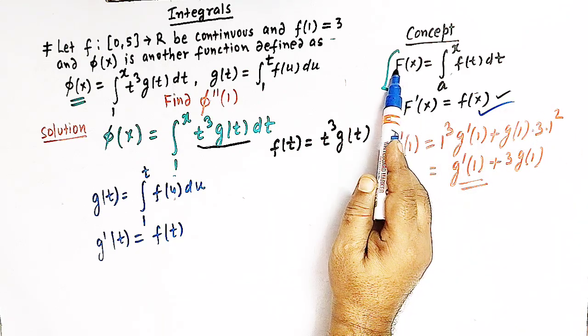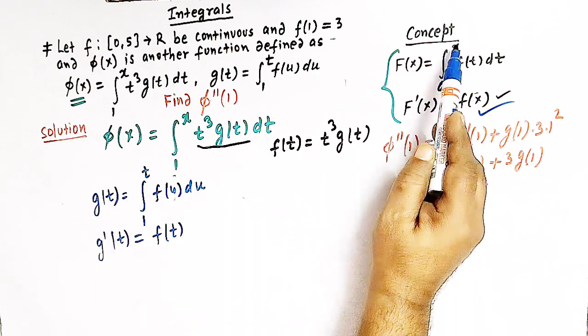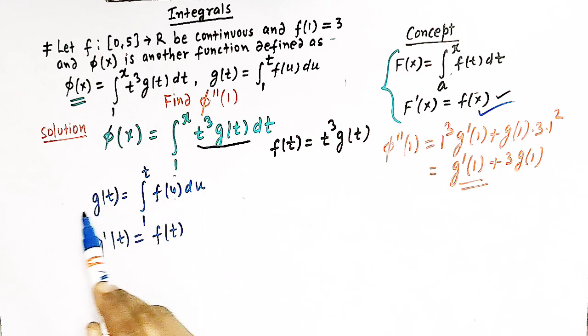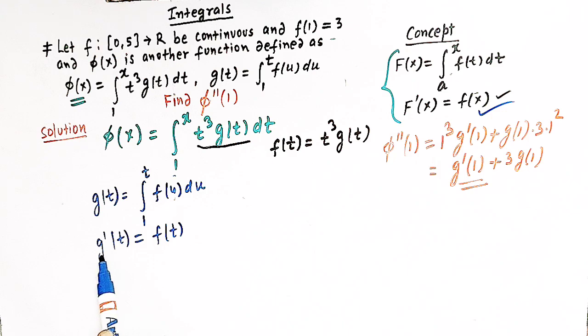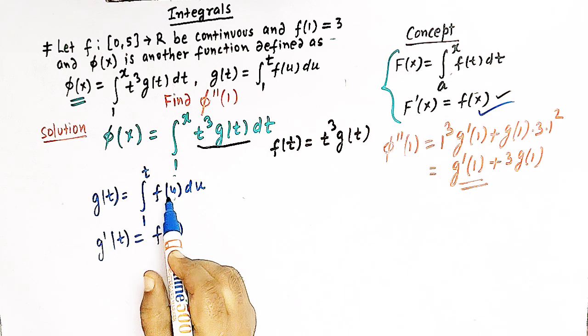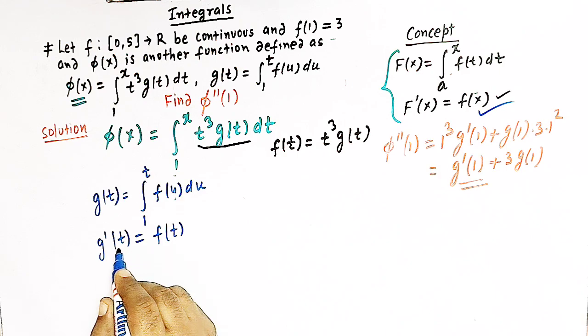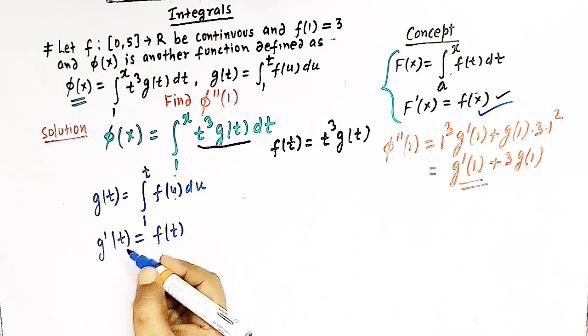Now t is a dummy variable, so we can replace t by x also.